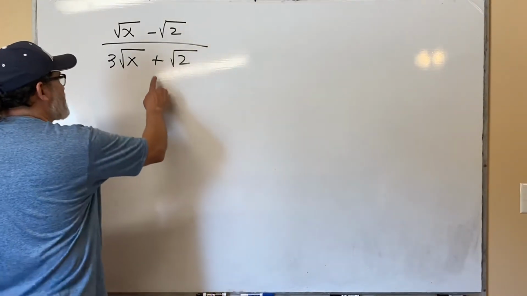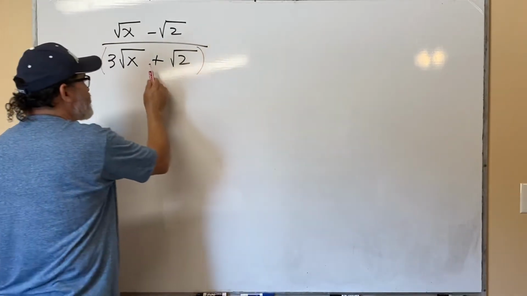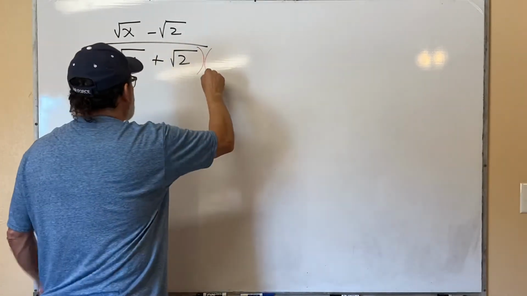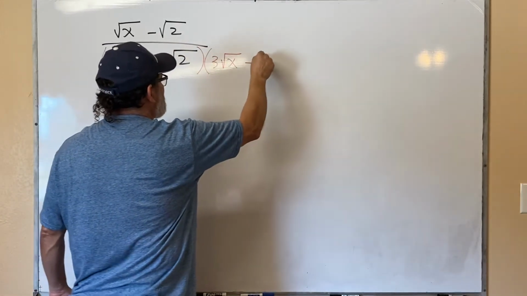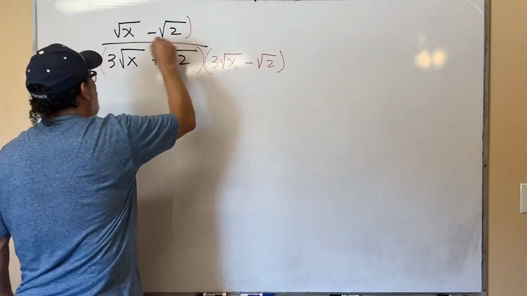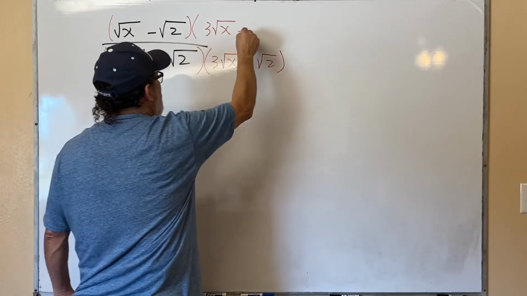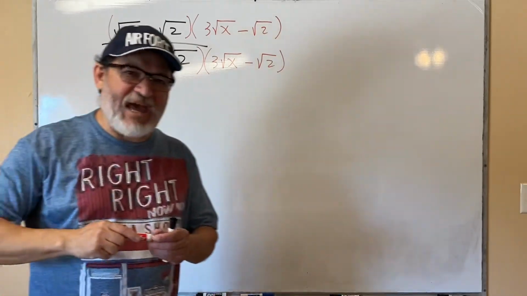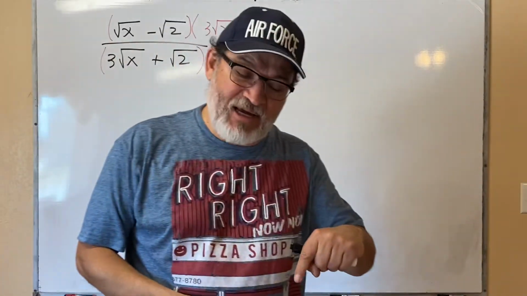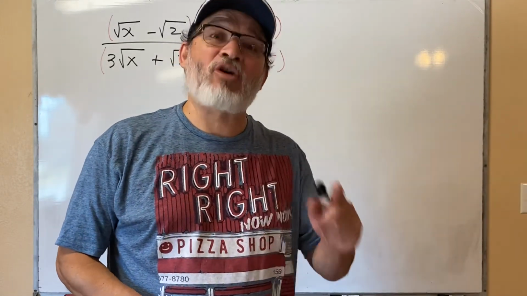The conjugate of this denominator is gonna be the following. Just change the sign, okay? So this is gonna be 3, the square root of x, minus the square root of 2, times 3, the square root of x, minus the square root of 2, and that's how we get rid of radicals in the denominator when the denominator consists of a binomial, a radical binomial.